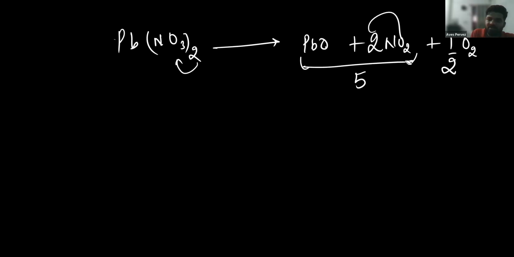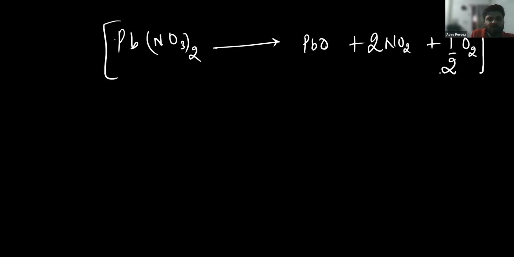We cannot use this denominator form. To remove the denominator, we multiply the whole equation by the number written in the denominator. If 2 is written in the denominator, multiply the whole equation by 2.